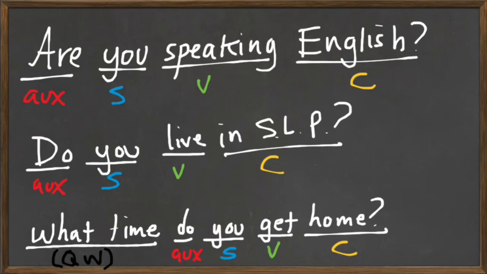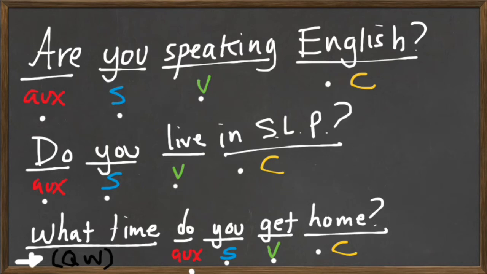We have more examples, and you can see the formula is always the same: auxiliary, subject, verb, complement. Remember that the question word is sometimes optional.